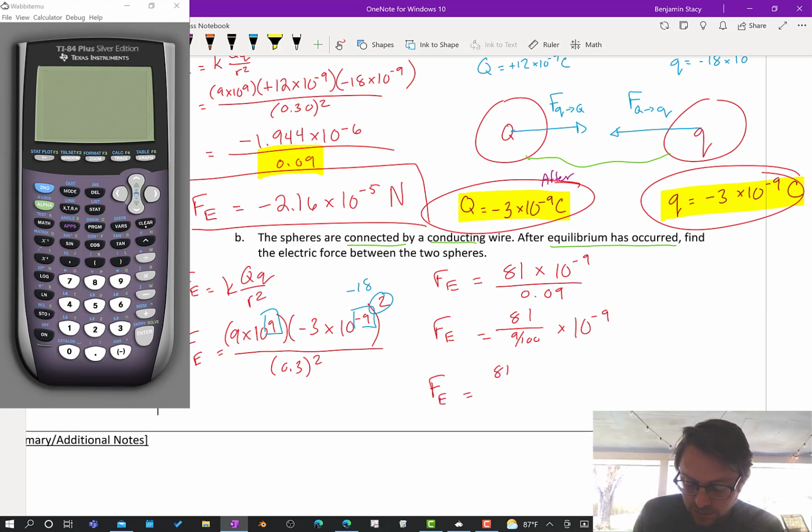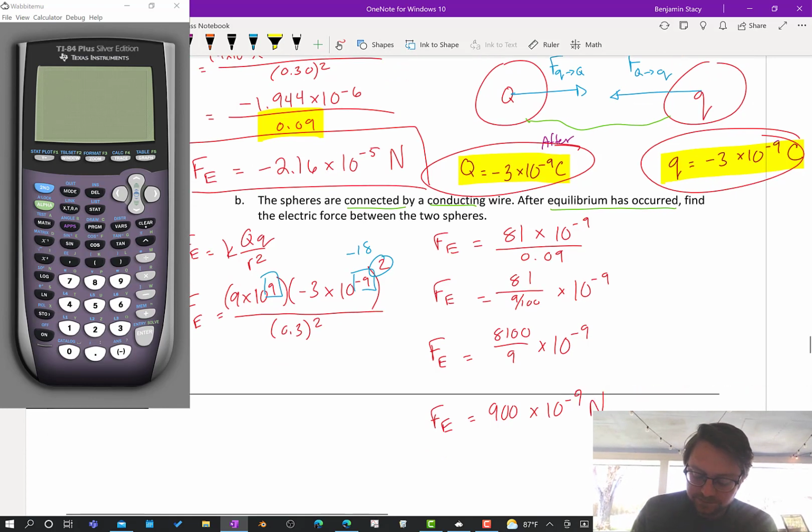So that's 81 times 100, 8100 over 9, times 10 to the minus 18. 9 times 9 is 81, but I have 8100, so this is 900 times 10 to the minus 9 newtons.